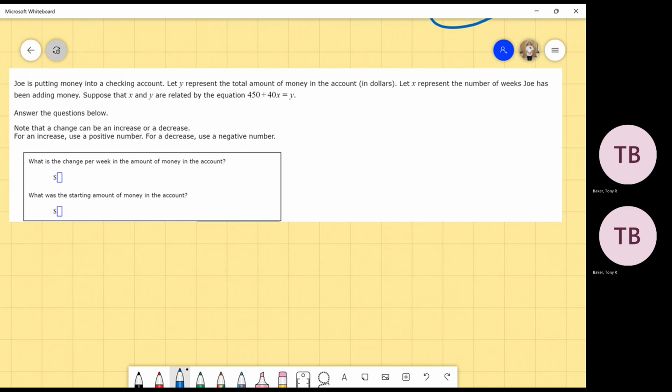So this one says Joe is putting money into a checking account. Let Y represent the total amount of money in the account. X is going to represent the number of weeks. So my equation they gave you is Y equals 40X plus 450. They want to know what is the change per week in the amount of money in the account. So which number represents the change? 40, that's my slope.